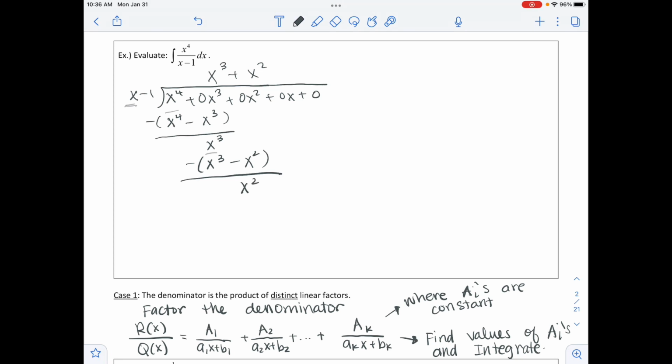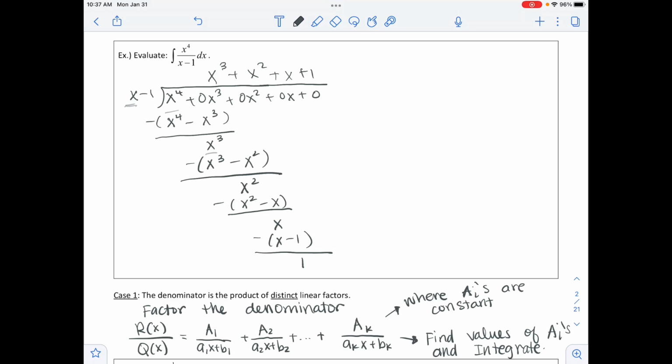I'm going to go through this again. X times x is x squared, so x squared minus x. Again, subtracting, I have an extra x left over. And then asking myself, x times 1 is x. So I'm going to have x minus 1, subtract, and I have a leftover 1.